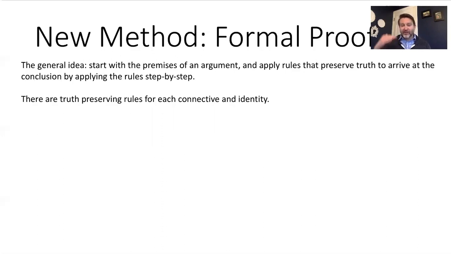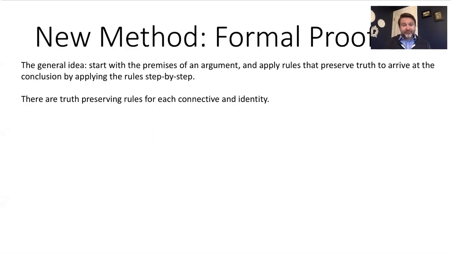If we start with true premises and apply rules that preserve truth, that will only allow us to derive true conclusions from those true premises, to arrive at the conclusion by applying the rules step by step, then we should have a way of drawing deductively valid conclusions from a set of premises.